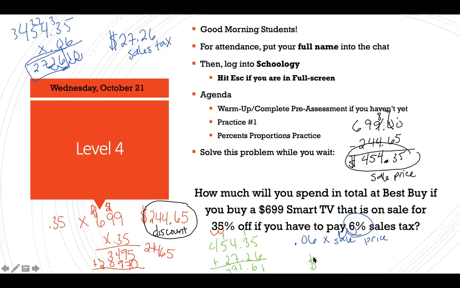So I'm gonna have to pay $471.61 for that TV from Best Buy. So after the sale and the sales tax, this is what I have to pay for that television. All right, $471.61.